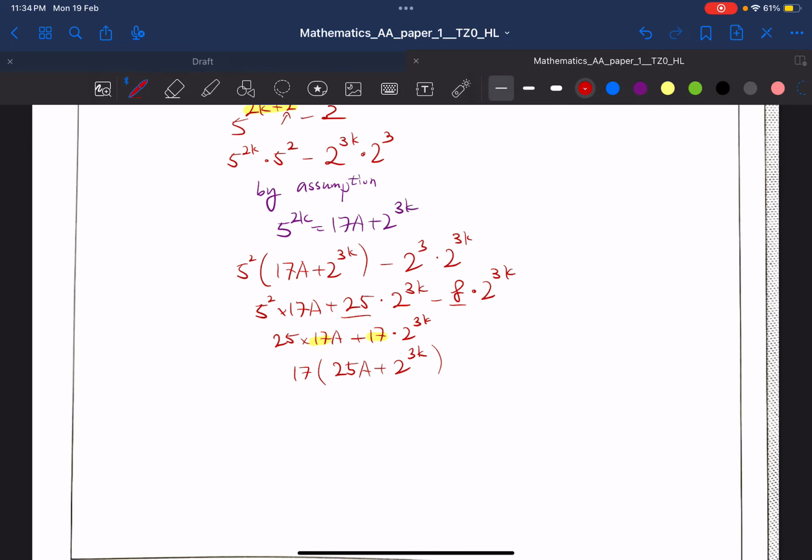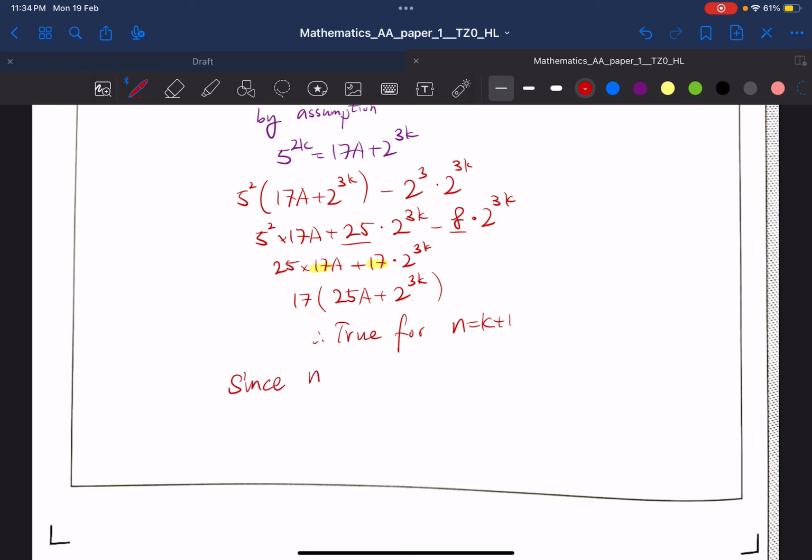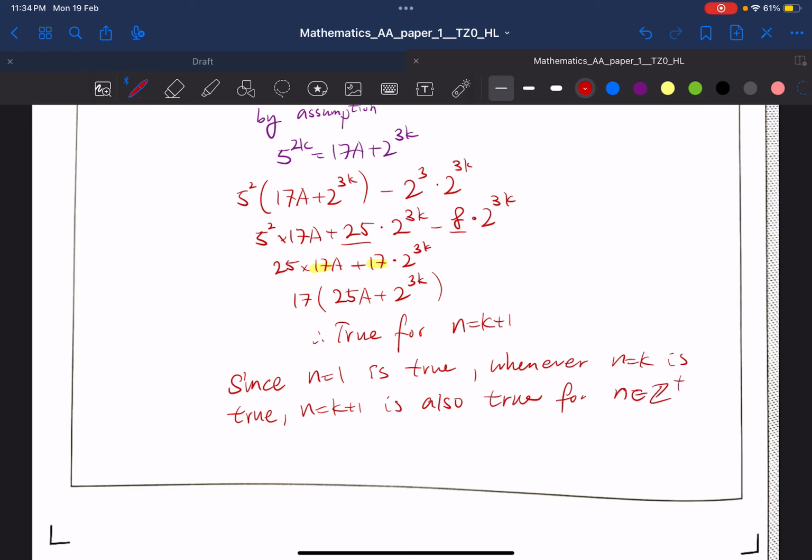Okay, so therefore, true for n equals k plus 1. Okay, and then just write out the conclusion again. So since n equals 1 is true, whenever n equals k is true, n equals k plus 1 is also true, for n a positive integer, proven by MI.